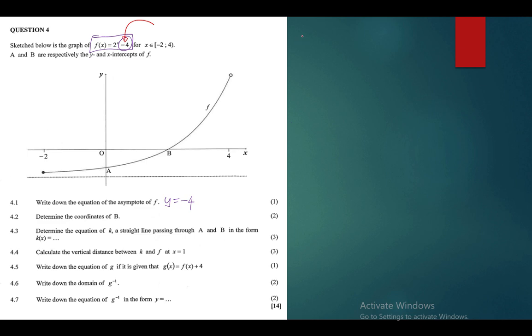Our equation is f of x equals 2 to the exponent x minus 4, which is the same as y equals 2 to the exponent x minus 4, because f of x represents y. Now, I am saying the y asymptote is -4. I want to explain why. Suppose you have got a table like x and y.